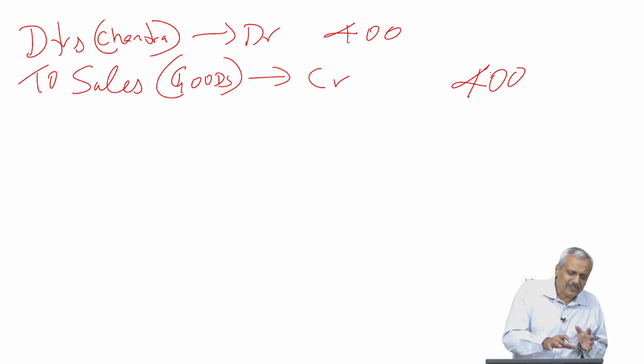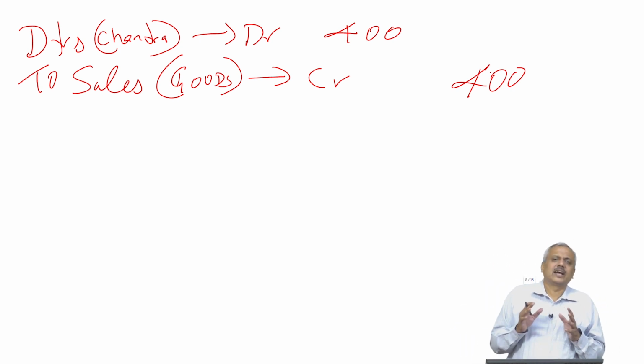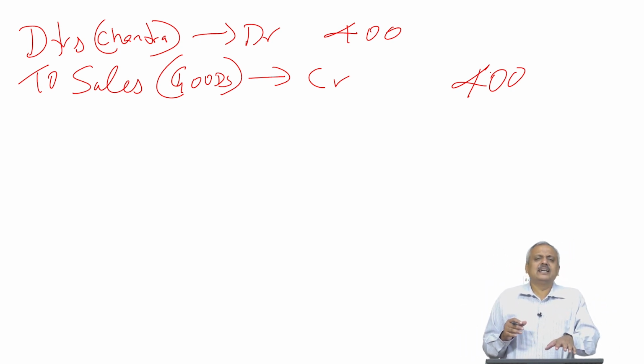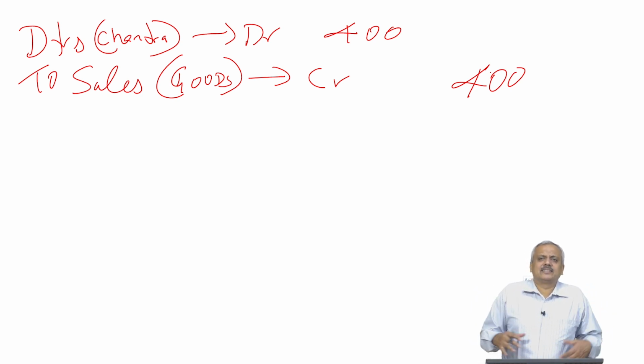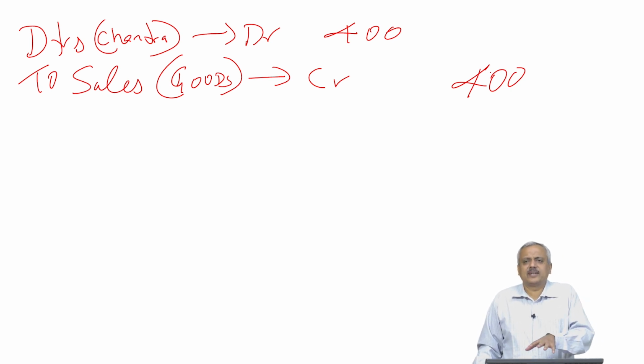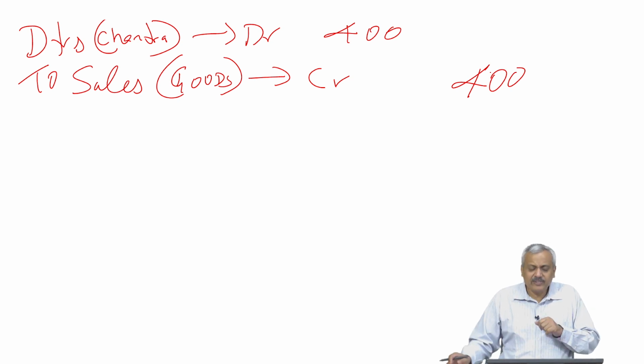All these will be grouped under the broad head called debtors in the balance sheet. As of now, we will maintain individual accounts, Chandra, Subramaniam, etc., but when we prepare a balance sheet, we will group all these together. That is where I will write debtors, and we do the same thing with the creditors also. Am I with this?